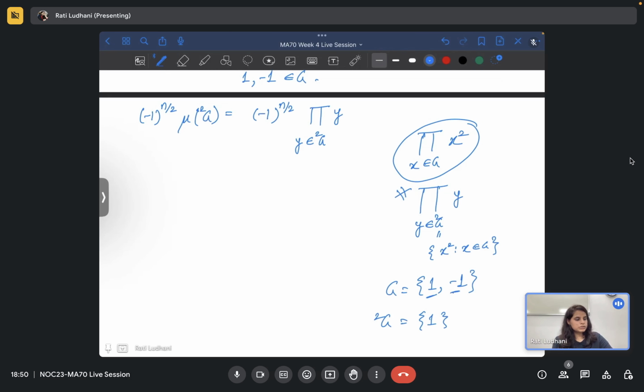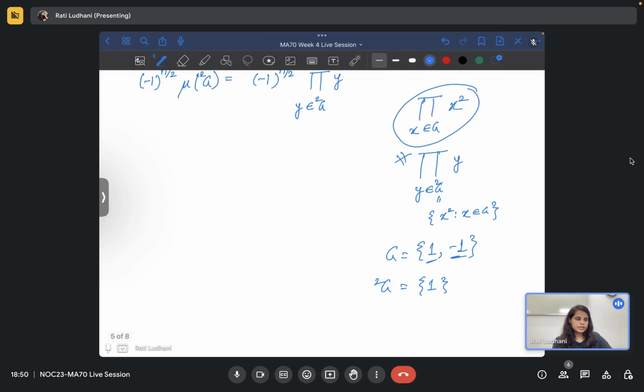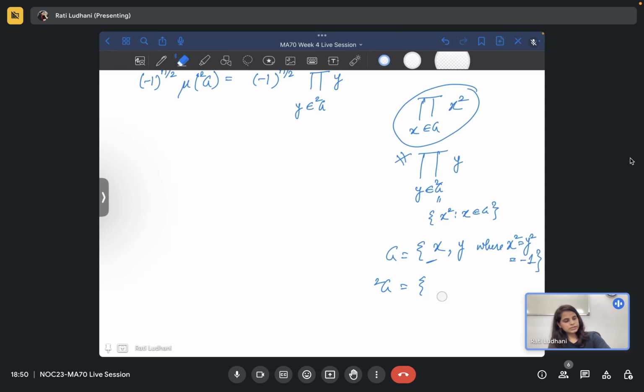This won't create any problem because product of ones will be just 1. But for example, if you have something like x and y, where x square and y square are equal to minus 1, then in the set you can have more elements. Let's say 1 is also there. Don't think this is a group or something, but at least some example. So when you square it up, you will just get this.